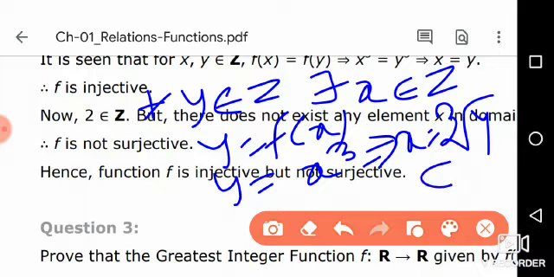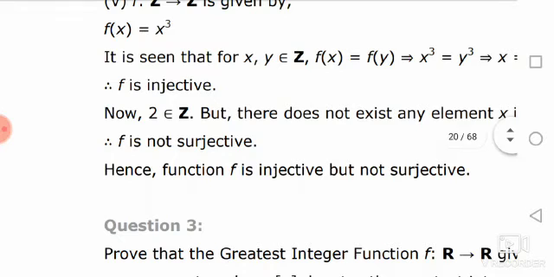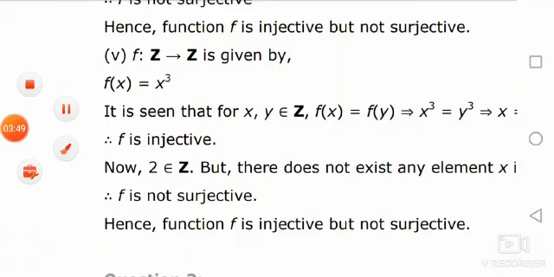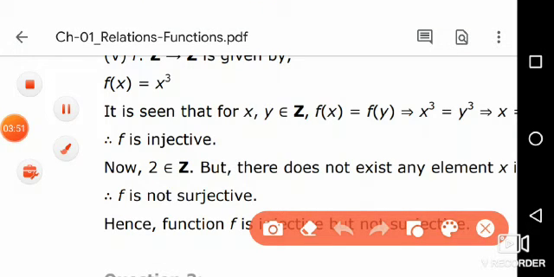There is no such element belonging to the set Z. Such elements are not there in the integers. For all the values of y, there is no element x in the domain set Z. Therefore, the given function is not surjective. It is not onto. My dear students, therefore the given example f of x is equal to x cube is only 1 1 but not onto.